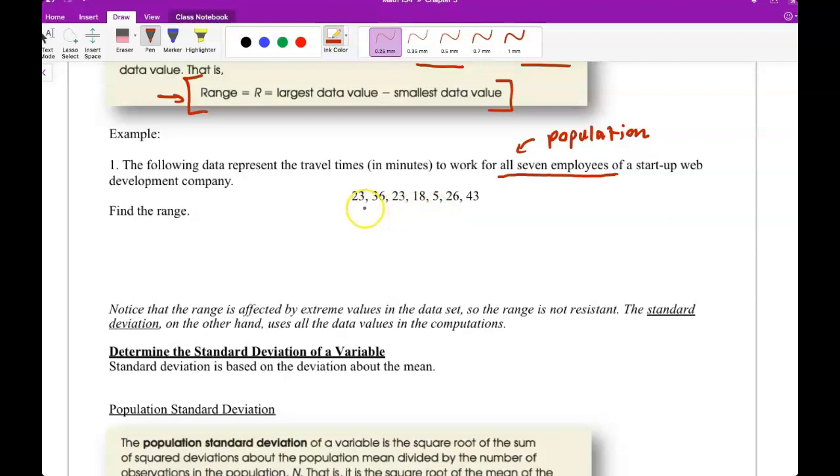To find a range, we should rearrange these, or it doesn't matter if you just find which one is the smallest number and which one is the largest one, and find range. So max is 43, smallest one or minimum is 5.